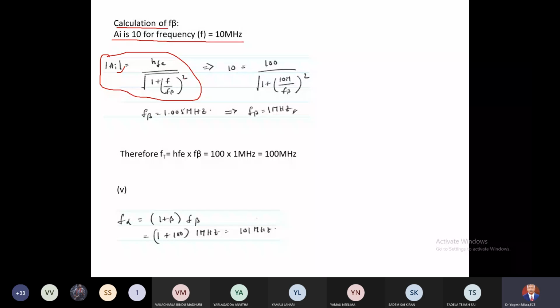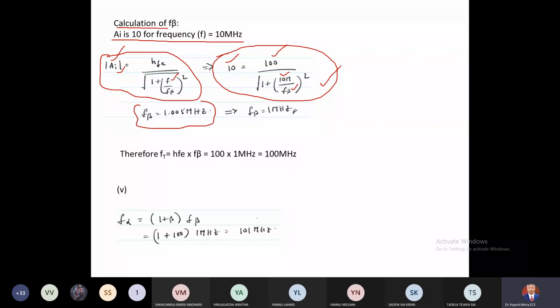Put the gain as 10, HFE as 100, and the frequency as 10 megahertz divided by F beta. Solving this expression, you get F beta as 1.005 megahertz, so F beta is approximately 1 megahertz.